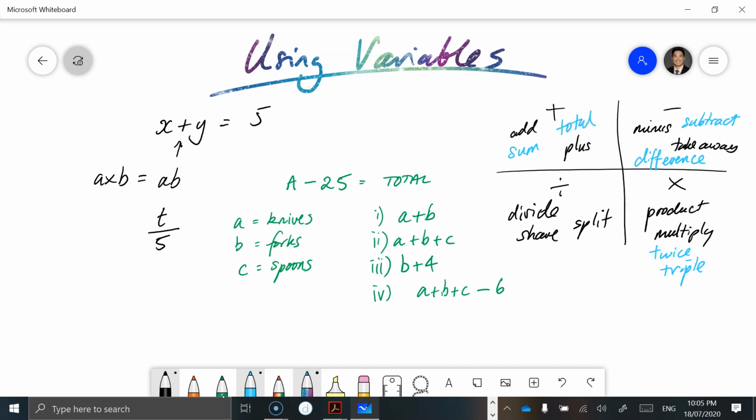Total is going to be plus. And then what else could we do? I've already said divide, split. We could say halve. If you halve something, or if you group, so if you want to put things into groups, you're going to divide.